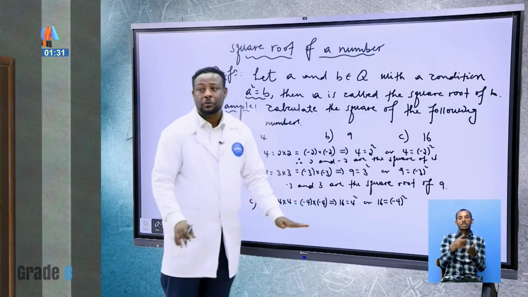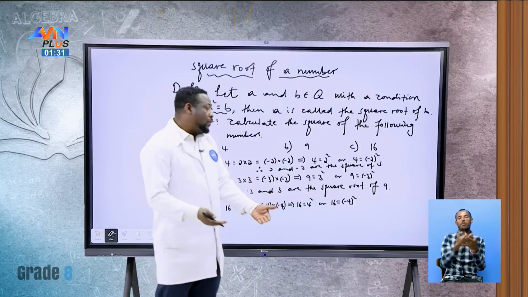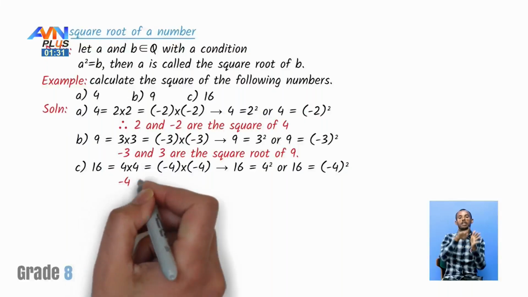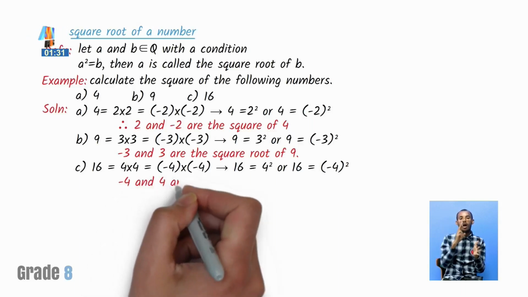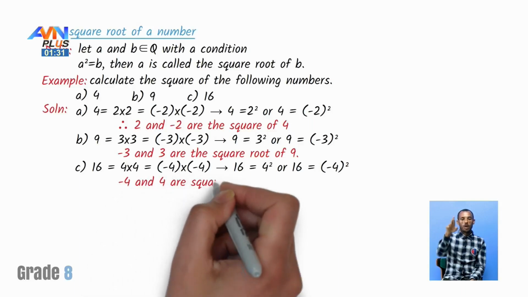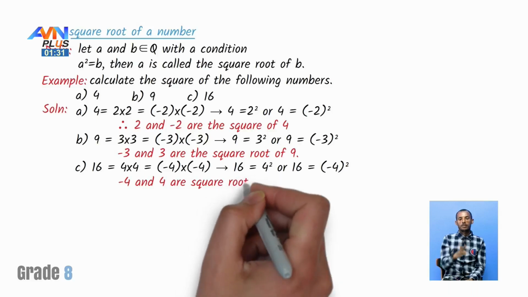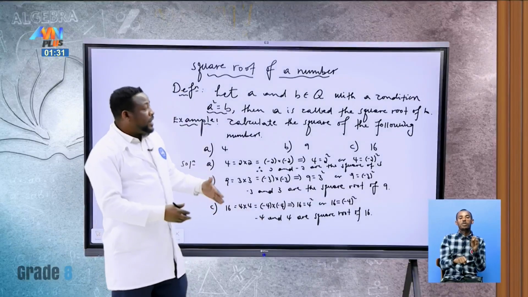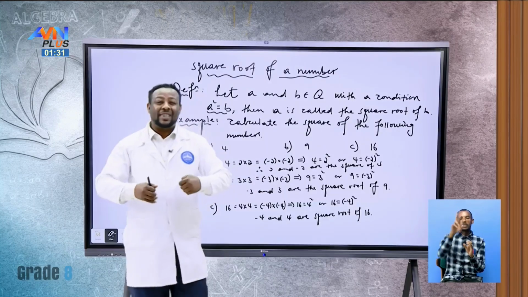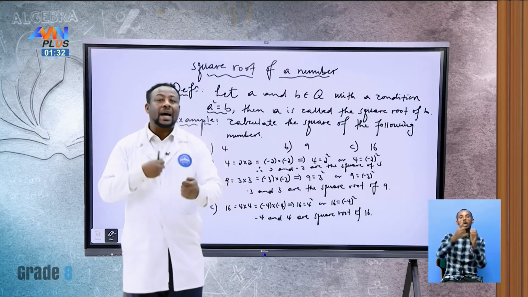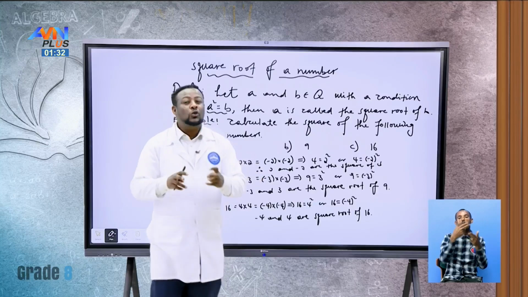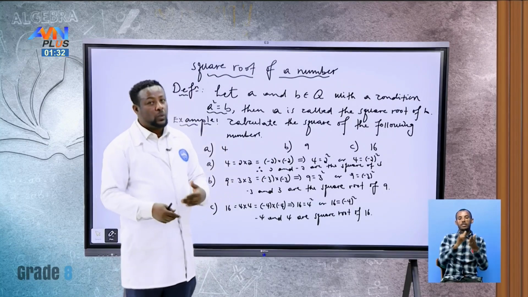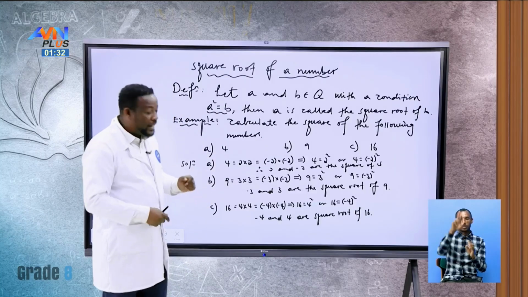It's possible to express it in either form. Therefore, minus 4 and 4 are the square roots of 16. So similarly, you can calculate the square root of a certain number by converting that number into a product of two identical factors. That is how we calculate the square root of a number.